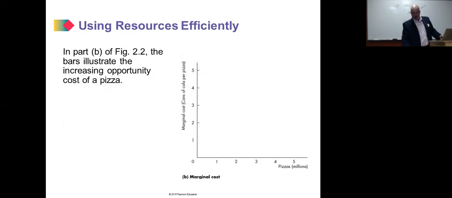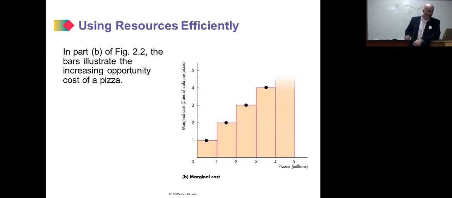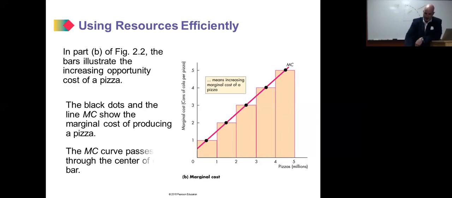Now in part B, the black dots and the line that I'll put here show the marginal cost of producing a pizza. And the marginal cost passes through the center of each bar.